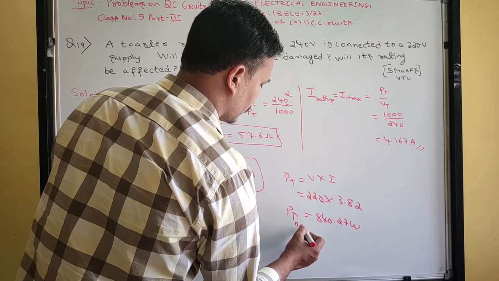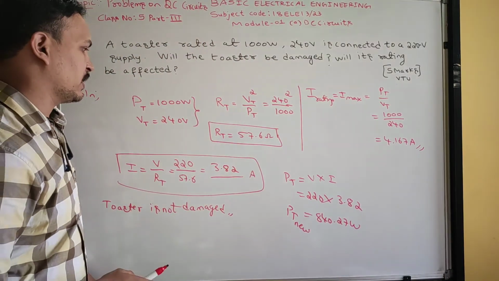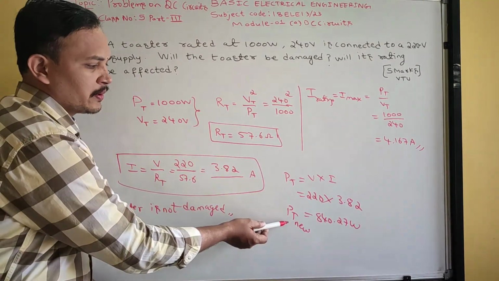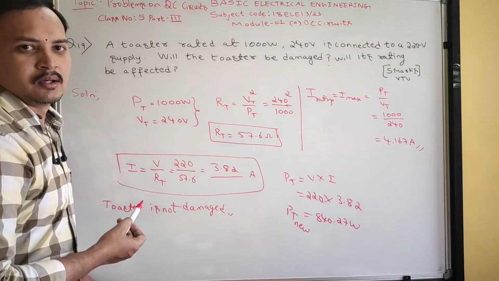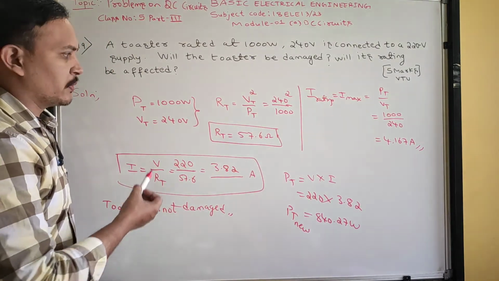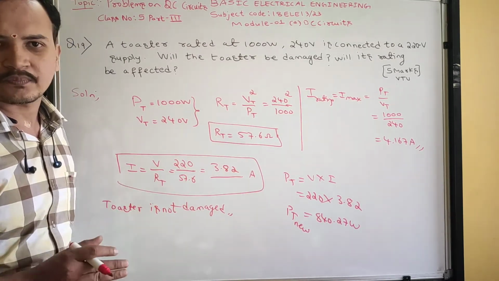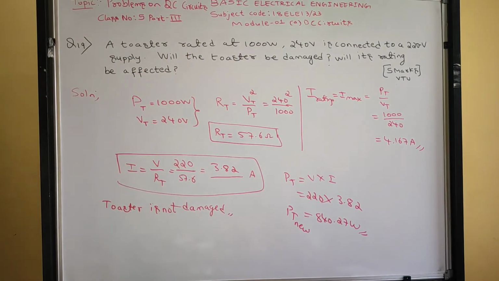This is the new power rating. So the power rating is changed. Earlier the power rating was 1000 watts. What is our new power rating? 840 watt. So the new power rating is lesser than the rated power. Hence, your toaster will operate in a safer way. Okay, got it? Fine. So this question is important.